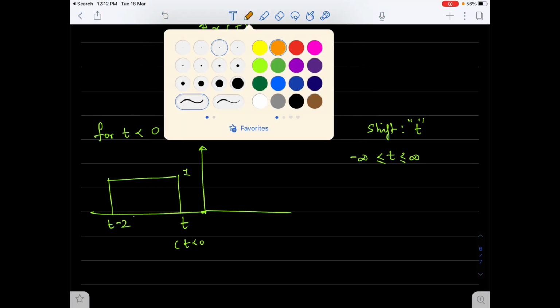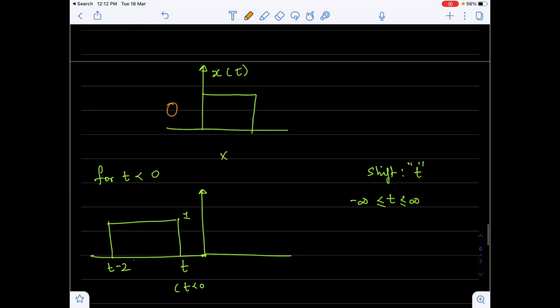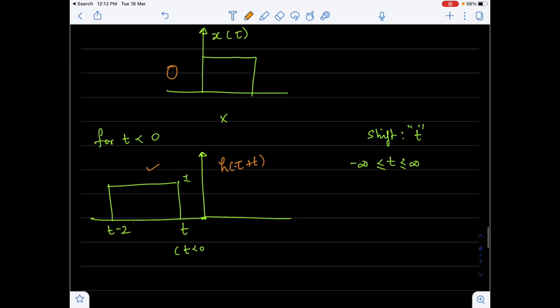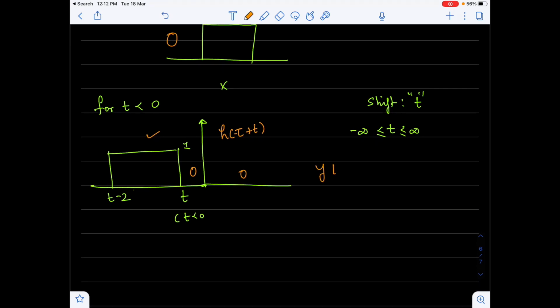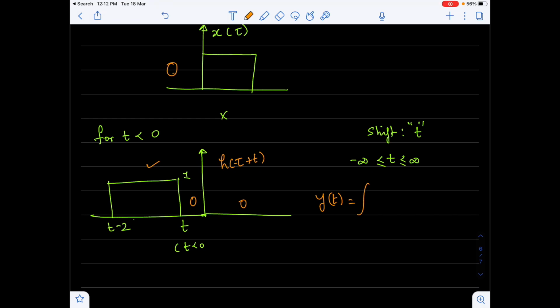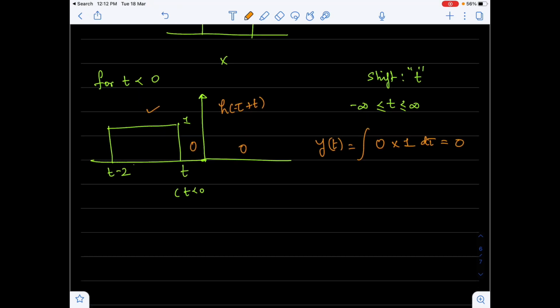Right now you see the function has values on the left side, x of tau has nothing, and this is the function h of minus tau plus t. So here there are some values, but here nothing, and here nothing. If I multiply, you see y of t is multiply and integrate. 0 multiplied with something, 0 multiplied with 1 or whatever, it will become the answer as 0. So for t less than 0, y of t is equal to 0.